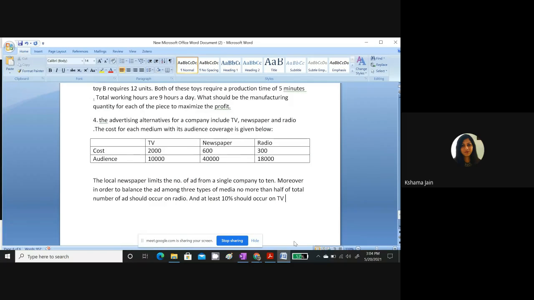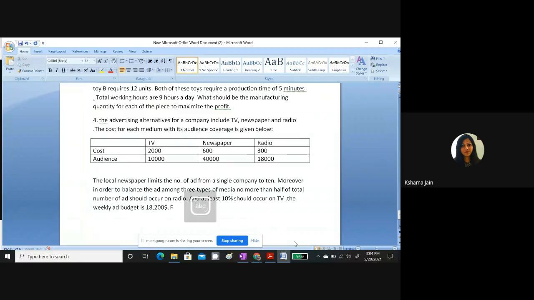The weekly advertisement budget is $18,200. How many advertisements should be in each of the types of media to maximize profit?